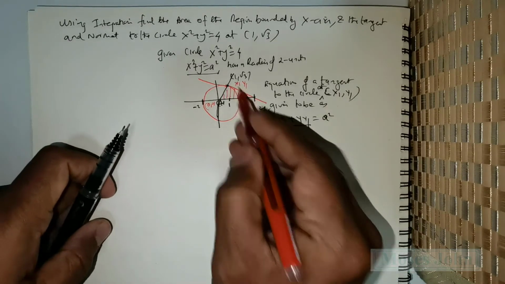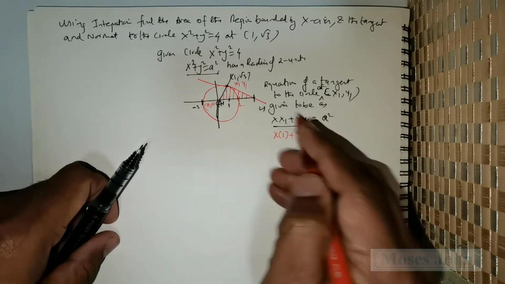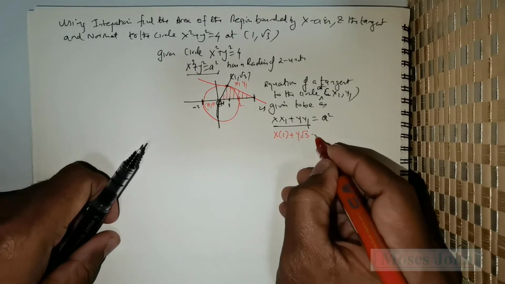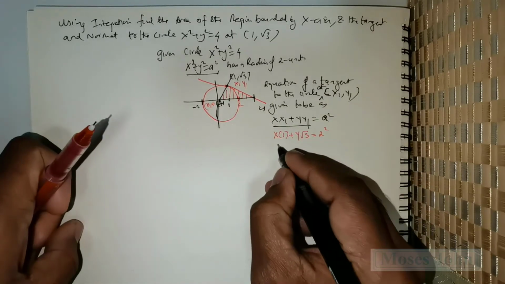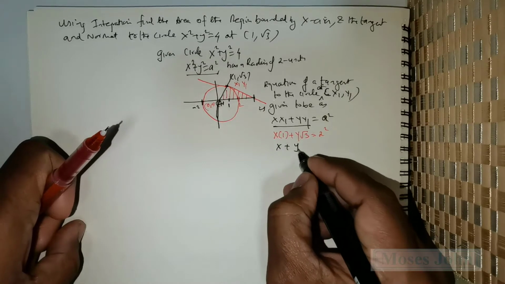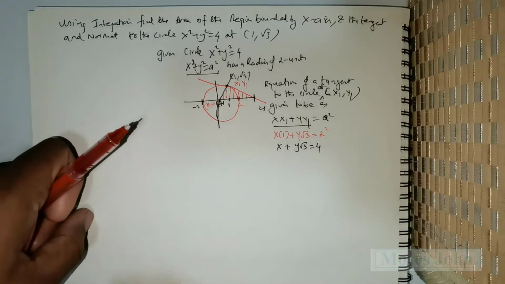So if x1 is 1, this is going to be x of 1 plus, if y1 is root 3, y of root 3, and a squared is the radius, which is 2 squared. So rewriting, I get x plus y times root 3 is equal to 4.